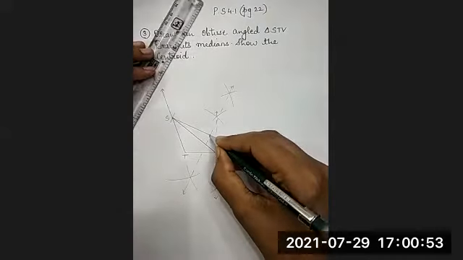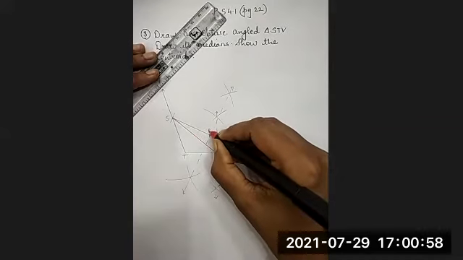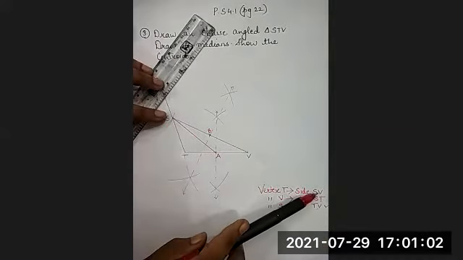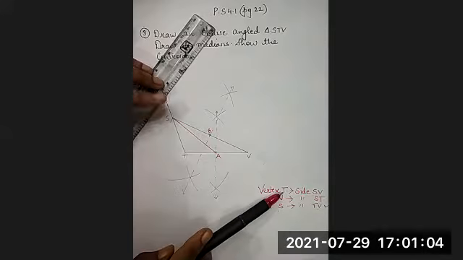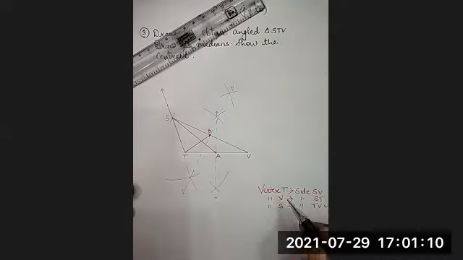So this is the midpoint. Name it as B. This is side SV. So for side SV, the vertex is T. So from T, we have to draw a median in this way. So we have completed vertex T. We have completed vertex S.